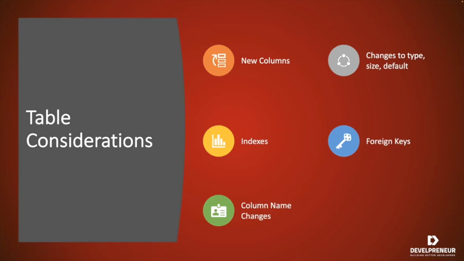There are deletes: this column doesn't exist or should not exist in my local table. There are adds: this column doesn't exist in my local table and it should. And the other thing is changes, which would be: the column with this name exists in my table, but it has a mismatch. It has a different type or size or constraints or default values. So I need to deal with that.